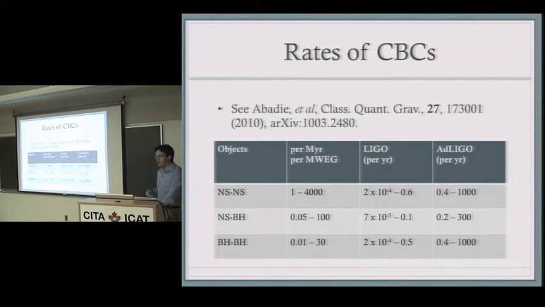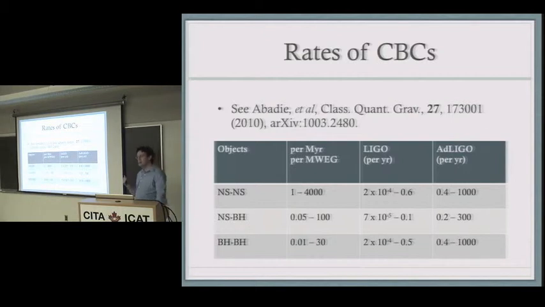The LIGO detectors are currently undergoing an upgrade called Advanced LIGO that should turn on, get first light, I guess you'd call it, or at least first science light, in late 2015. And the sensitivity of Advanced LIGO is anticipated to be a factor of 10 better than the sensitivity of initial LIGO.